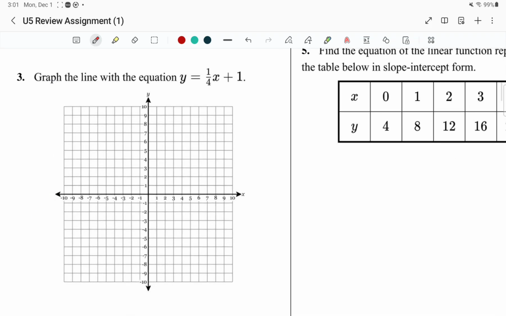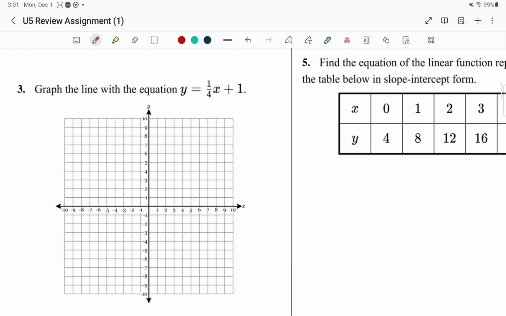Ooh, graphing. Okay, graph this line with this equation. y equals 1/4 x plus 1. So the number with the x is my slope. That's what I'm going to count. The number without the x is my y-intercept. So that's where I'm going to just plot the point. The positive 1 is my y-intercept. I put a dot on positive 1, and then I'm going to count 1 over 4.